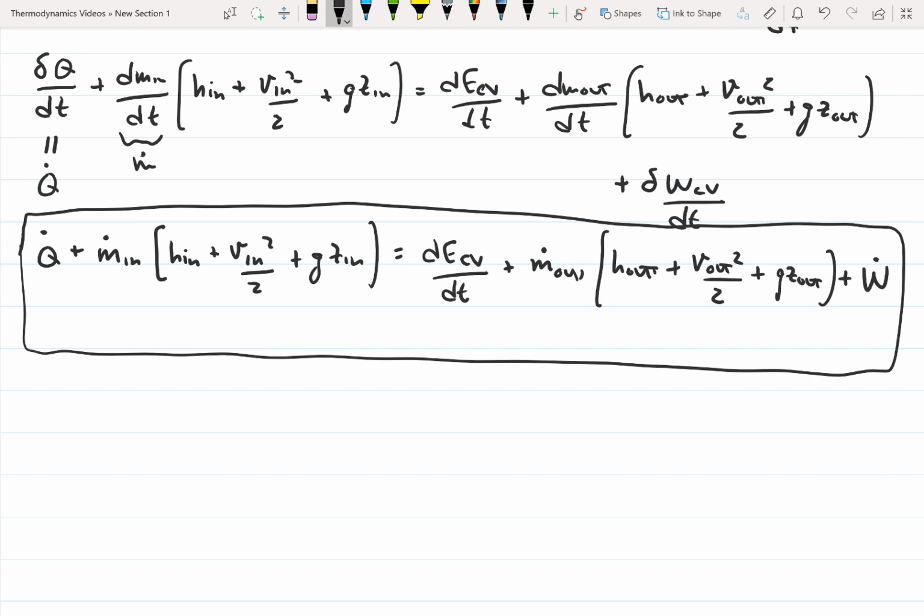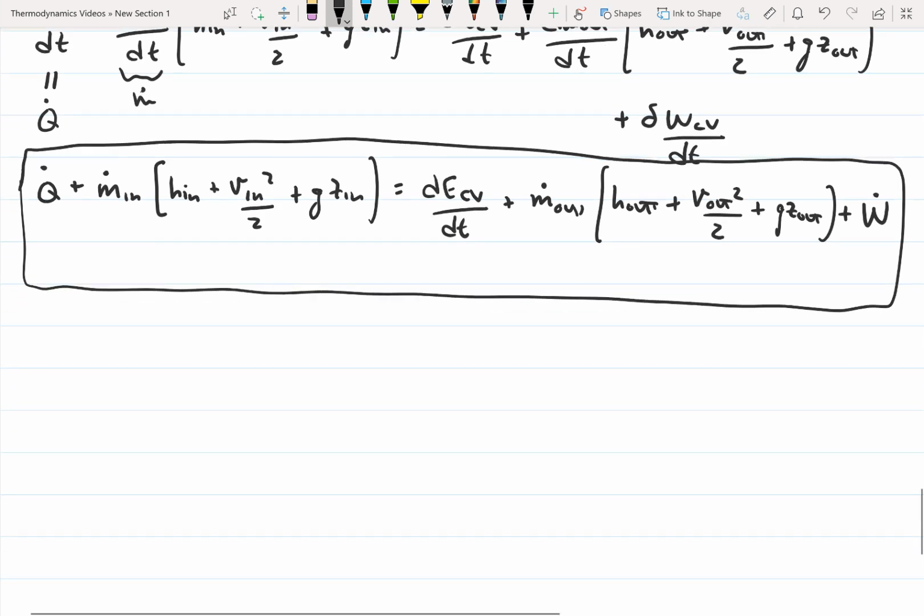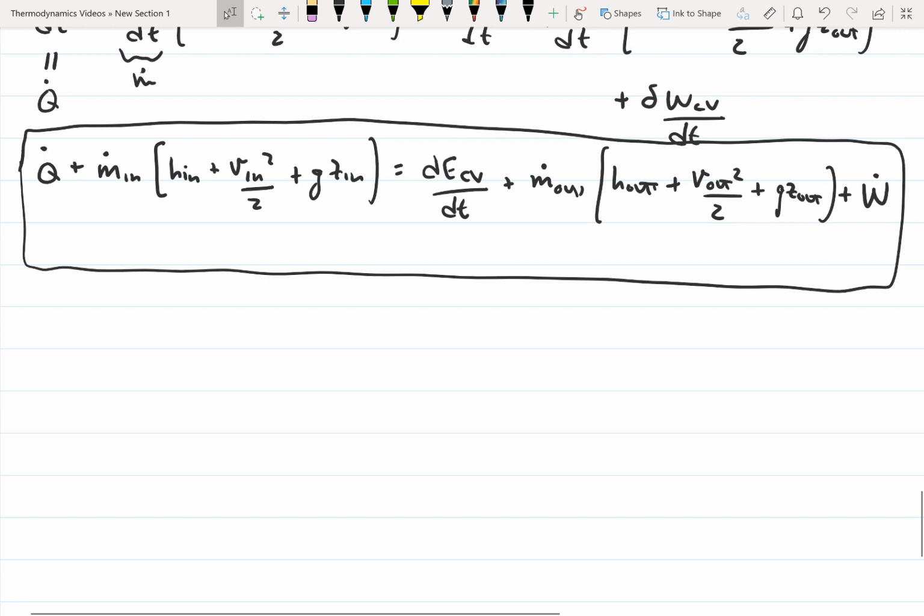So now we basically have this equation for the general energy balance, but this is for one stream. Just like the mass balance, we could also write this for multiple streams. The way we do that is we have our Q plus a summation for each stream. So we'll just sum all of the streams in.